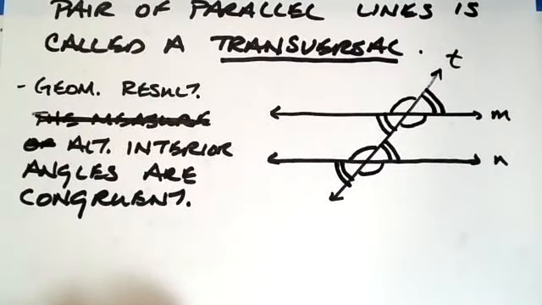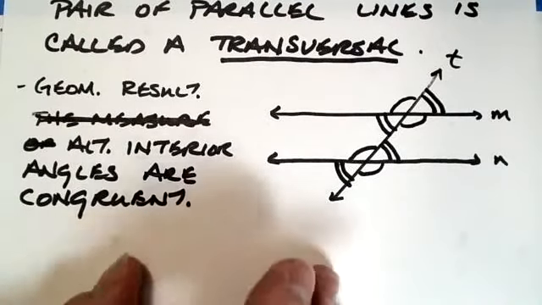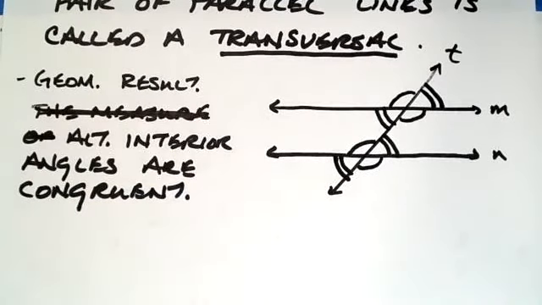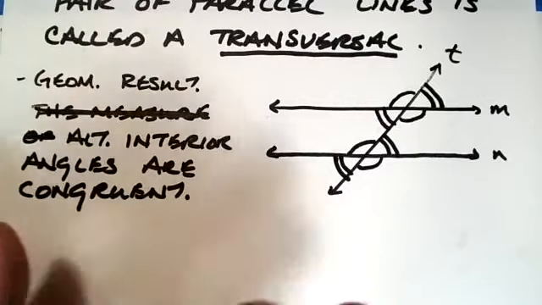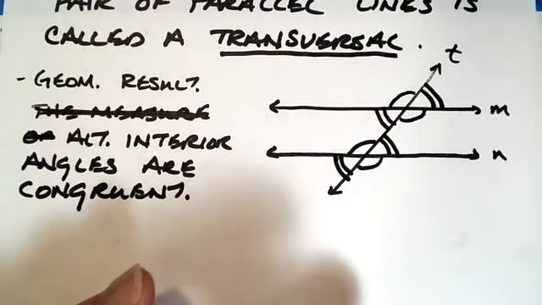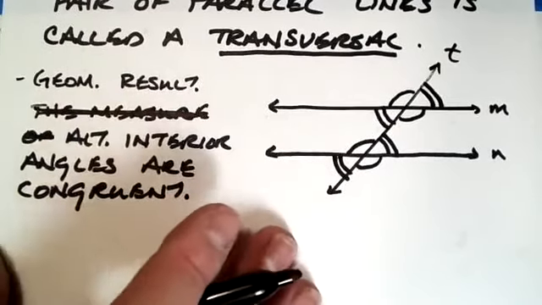There are a couple of problems in the text where you have a couple of lines coming together, and you're given some minimal amount of information about maybe one line or one angle, and you're supposed to find some others. So I'm just reminding you of this geometry result because it does come up. Okay, so we have a transversal.